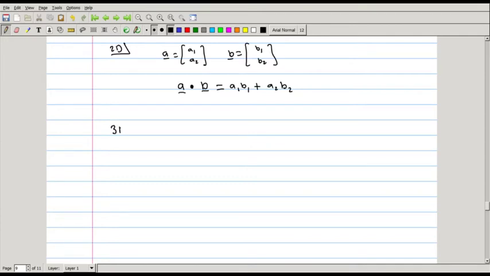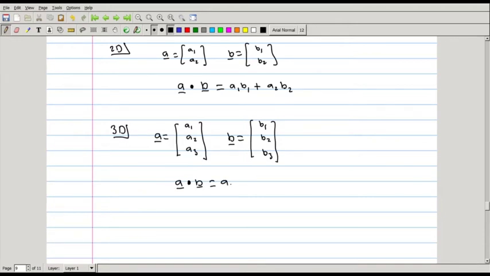So likewise in 3D, where you have 3 components to your vectors, the dot product is going to be the same thing, just with the addition of the third component-wise multiplication of the components multiplied together.